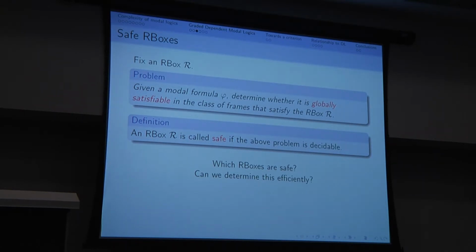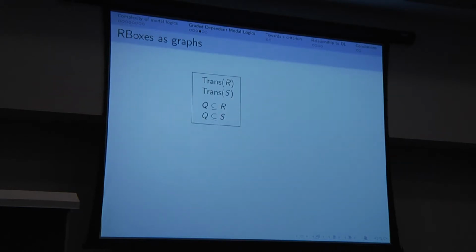I'll introduce a graphical representation of RBoxes. So for instance, if we have an RBox of this kind, relation R is transitive, relation S is transitive, Q is a subset of R, Q is a subset of S. We will represent it as a graph with 3 nodes corresponding to the relations Q, R, and S. Transitive nodes will be distinguished by plus, and arrows correspond to the inclusions.